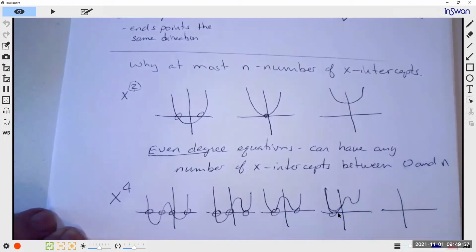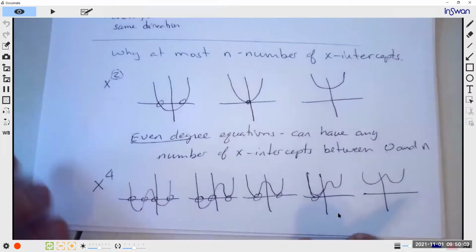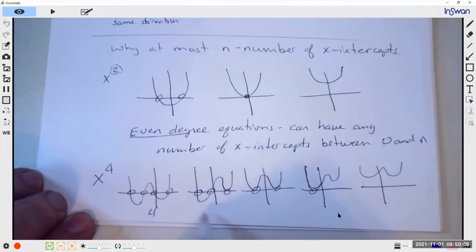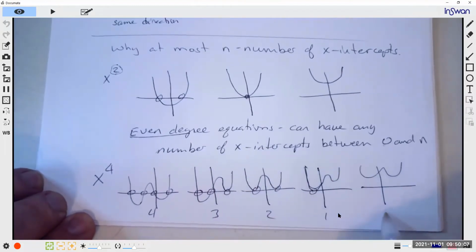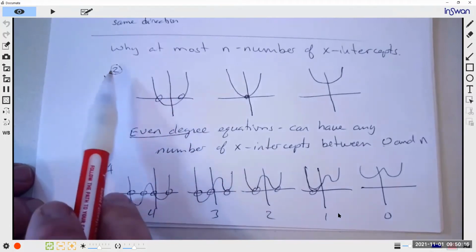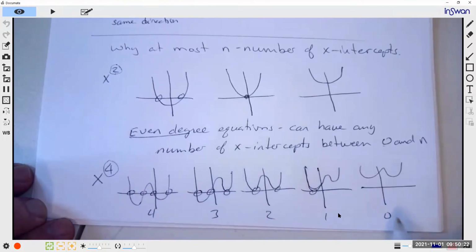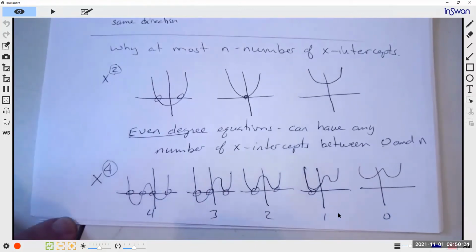We can have 1 x-intercept, or we can have no x-intercepts. So 4, 3, 2, 1, 0. Okay, so again, if you have an even degree, then you can have anywhere from that number all the way down to 0. So it's any one of those.